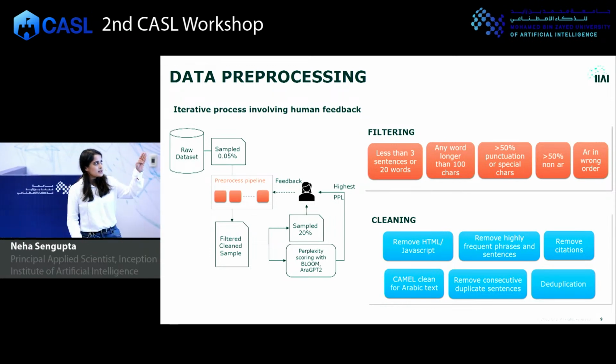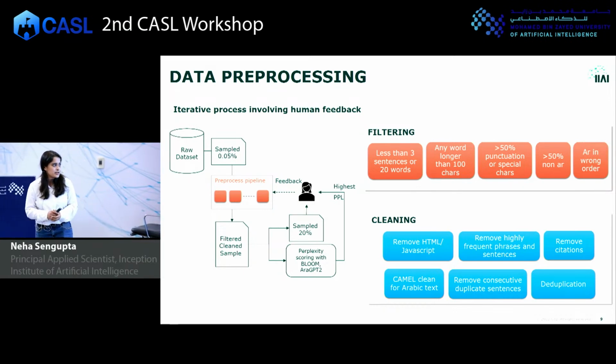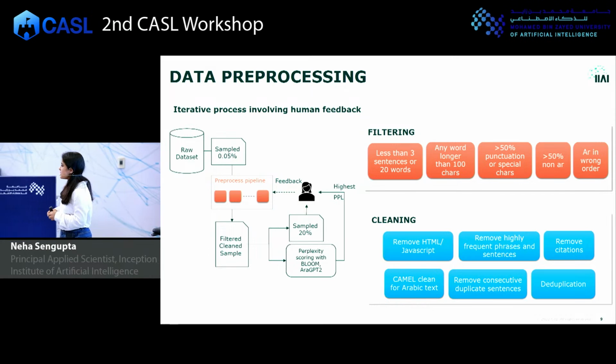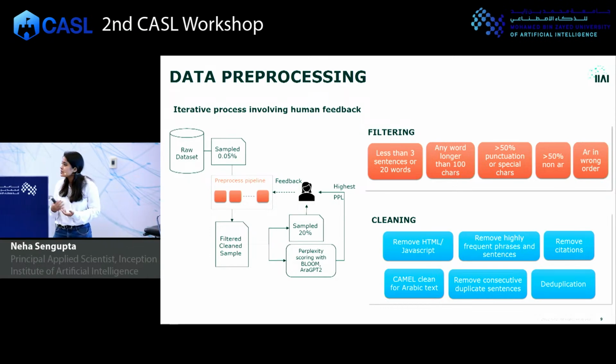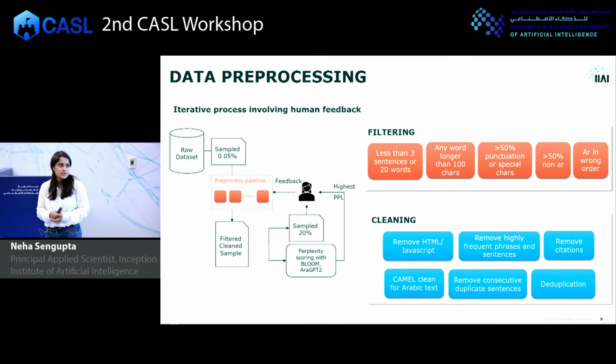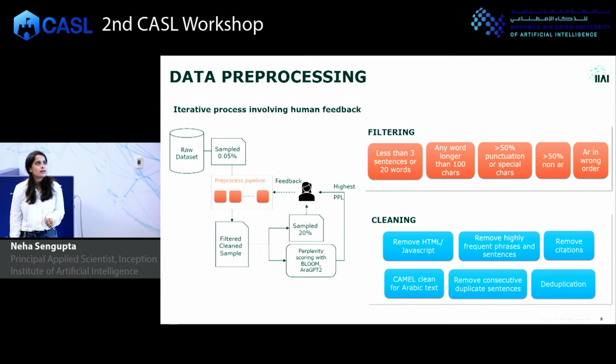So the human gives us these hints, and we integrate it into our pre-process pipeline. We also score the perplexity of this data using these models that we know to be good. We know Bloom and RGPT2 are actually good quality Arabic models. So we score the perplexity and we feed it back into our pre-process pipeline, right?